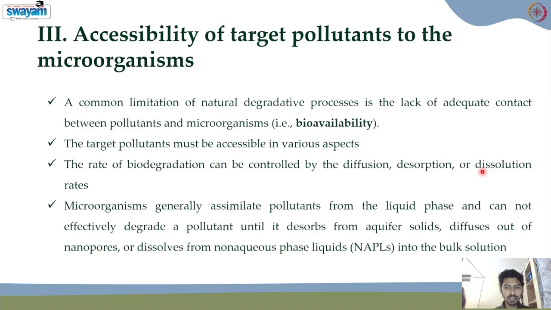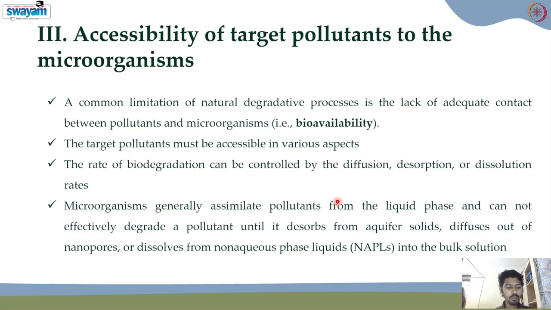We can take the oil spill example, where oil droplets are present in the water. For example, if an oil spill occurs in the ocean, the oil mostly floats on the water as a big droplet and microorganisms cannot directly consume these droplets.